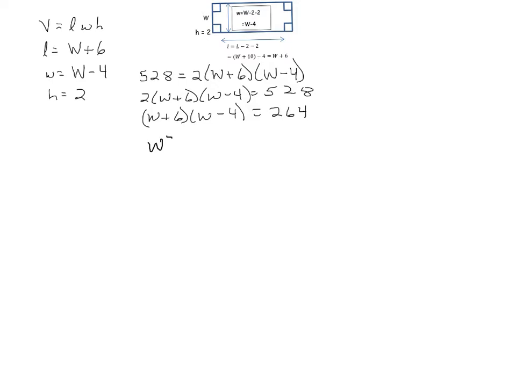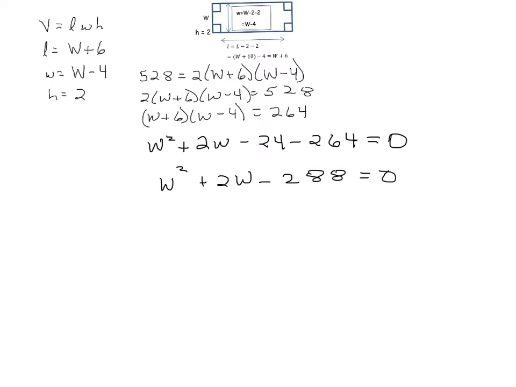So we get W squared minus 4W, and then plus 6W gives us plus 2W, minus 24 minus 264 equals 0. Simplifying that, we get W squared plus 2W minus 288 equals 0.